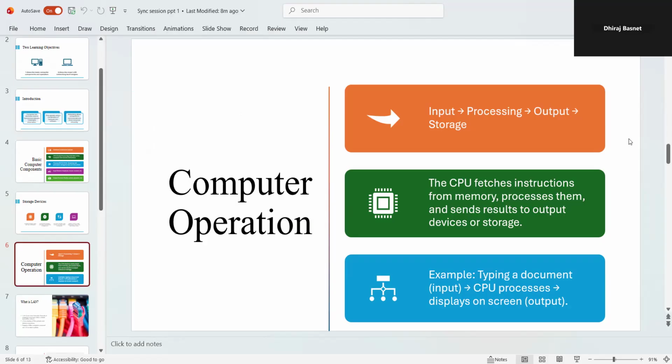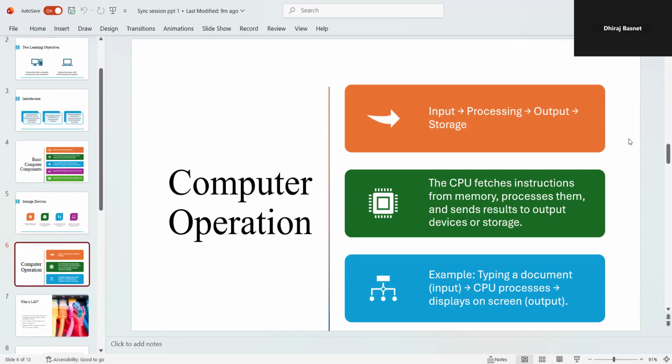In storage, the data is saved for future use, either temporarily in RAM or permanently in storage devices. For example, when we type a document, the keyboard acts as input. The CPU processes the keystrokes, the text appears on the screen, and we can save it to the hard drive for later.